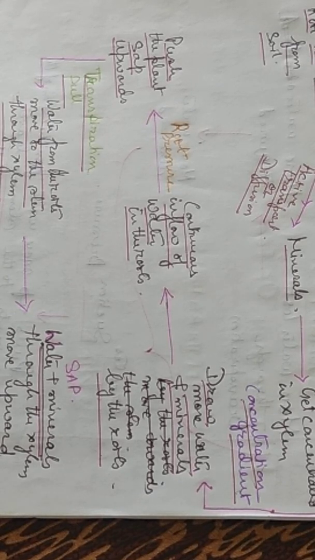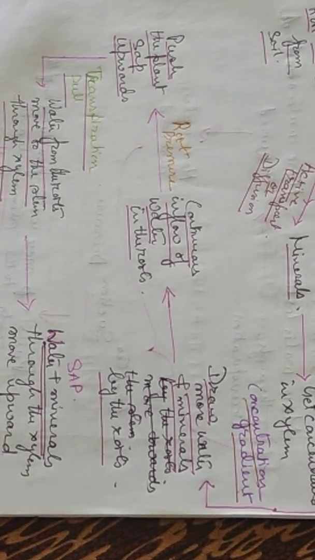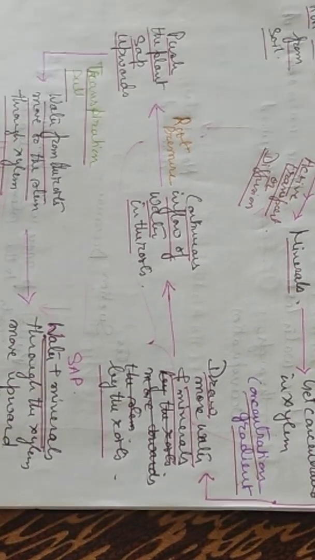So depending on the concentration gradient, the water and minerals are being absorbed by the root hair cells. Now this transpiration pull is pulling the water, absorbing the water from the roots.